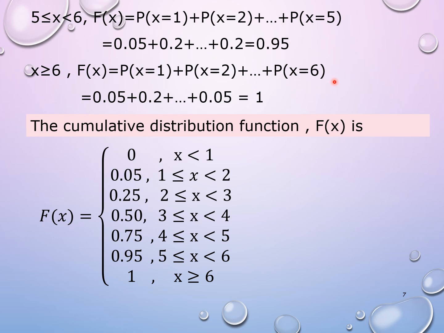We know that the summation of probabilities for a discrete random variable will end up with 1. The total will be 1.